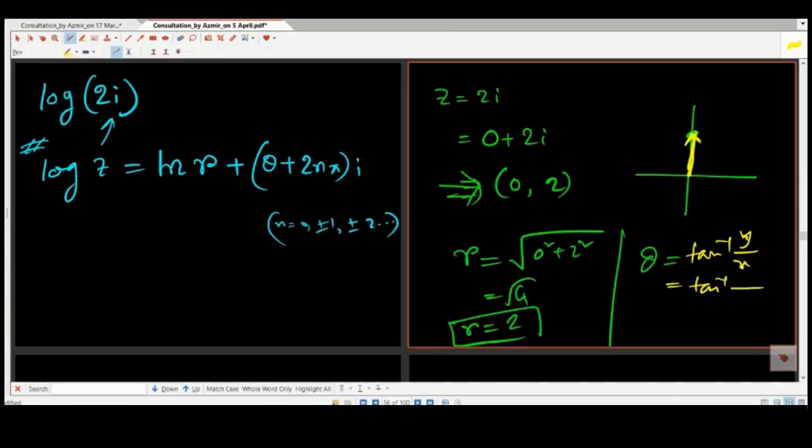So y over x, that is 2 over 0, so it is tan inverse of infinity, it is pi over 2. That means tan 90 degree is undefined. Automatically we can see from this visual representation that it is 90 degree.